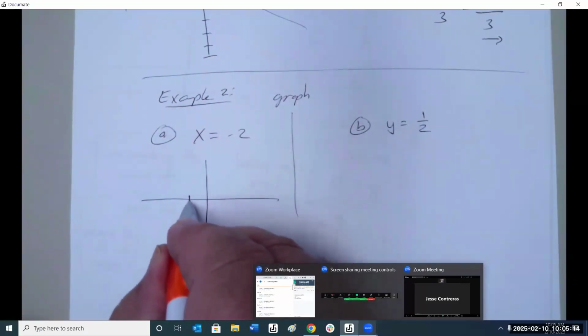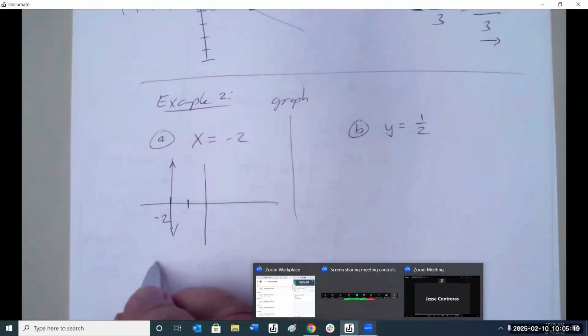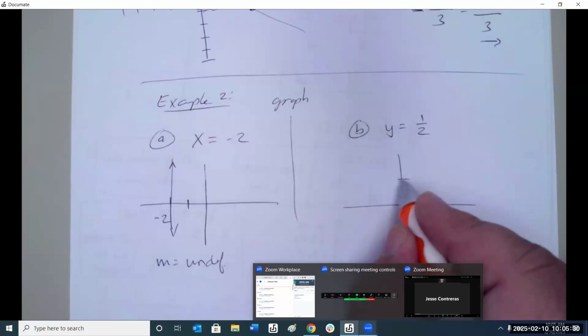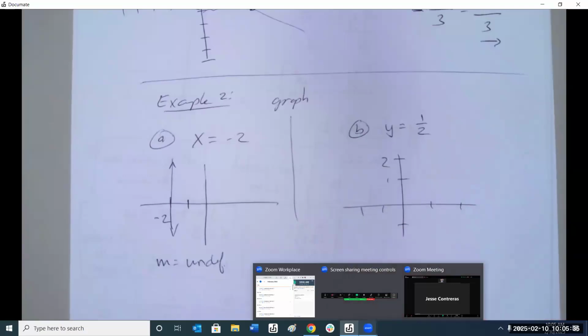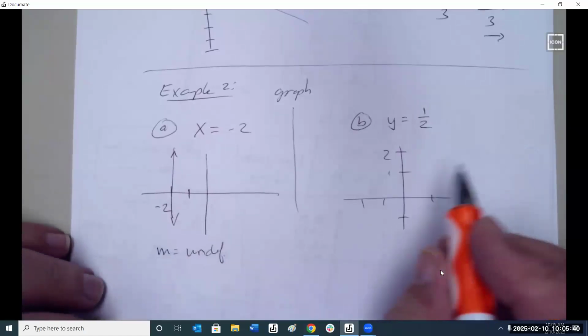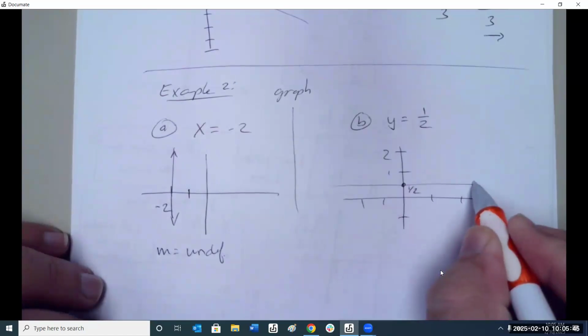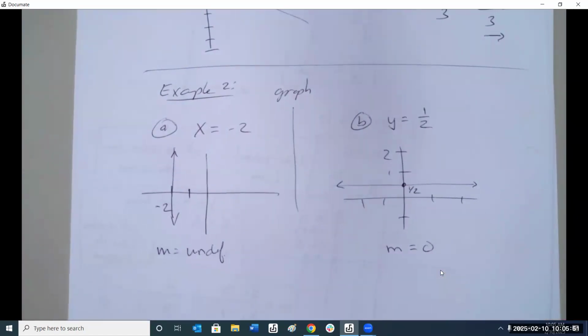It's a vertical line going through -2. What's the slope? Undefined, but it's vertical. And the second one? It's a horizontal line crossing y at 1/2. And what's the slope there? 0. Very good.